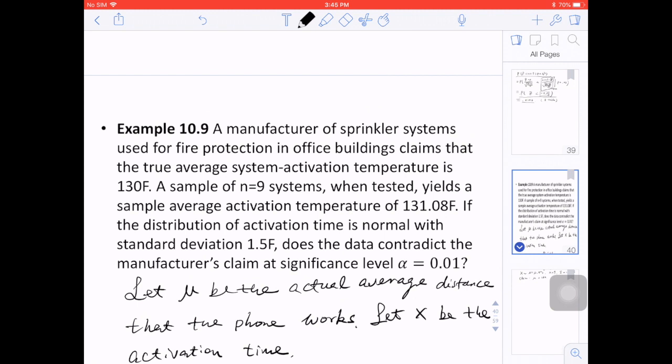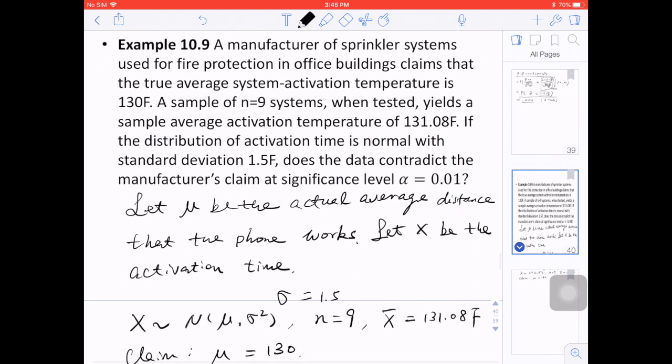Okay, time's up. So this problem gives us a lot of information. It's a problem related to the actual average distance that the phone works. First of all, let mu be the actual average distance that the phone works, and let x be the activation time. Why did we make such assumptions?